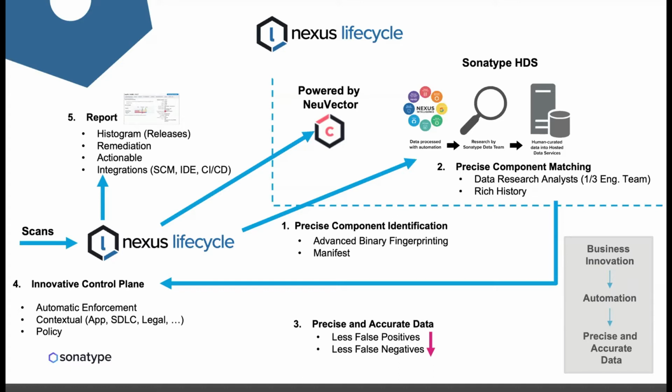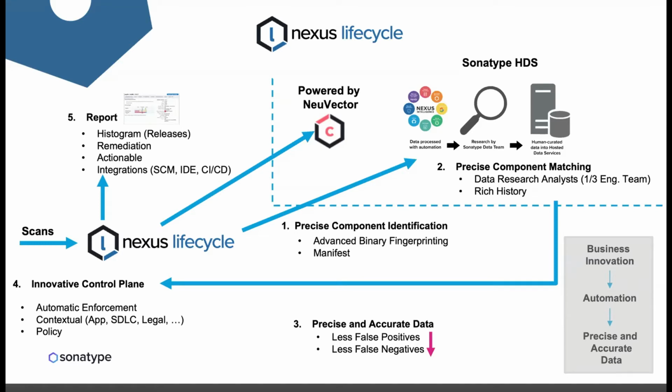And of course, when we get that precise and accurate data, we're then able to give context to that data in what we call policies, right? Nexus Lifecycle provides the policy engine that we can customize, whether it's around vulnerabilities, whether it's around legalities, et cetera.